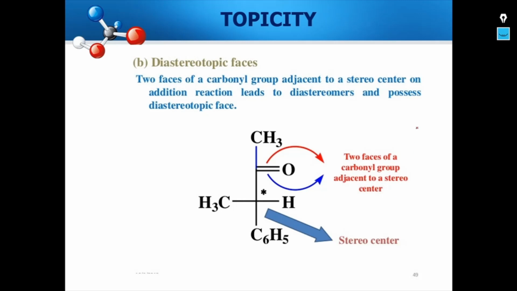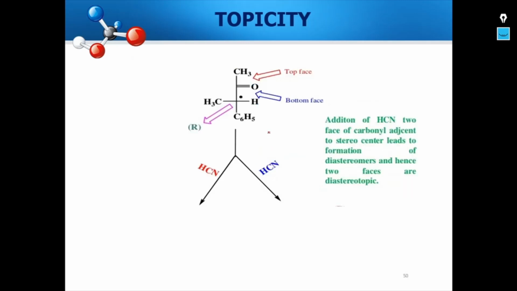And how do we identify a diastereotopic face? Two faces of a carbonyl group adjacent to a stereocenter, on addition reaction, lead to diastereomers and possess diastereotopic faces. So we can easily identify them. Any face adjacent to a stereocenter is said to be diastereotopic in nature, because when we perform a substitution or an addition reaction over here, it will end up with diastereomers.